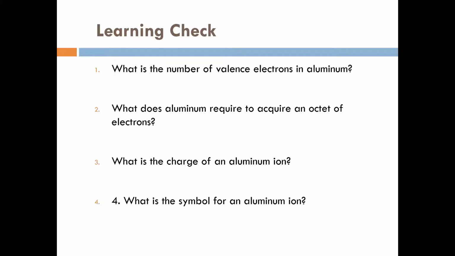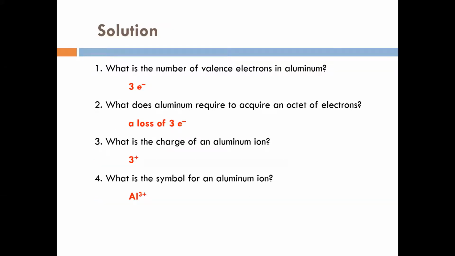In this case, it's going to lose those 3 electrons. So it's going to give them away. Otherwise, it would have to gain a total of 5. What is the charge of the aluminum ion afterwards? Because it gave away 3, it is now going to be a +3 charge.